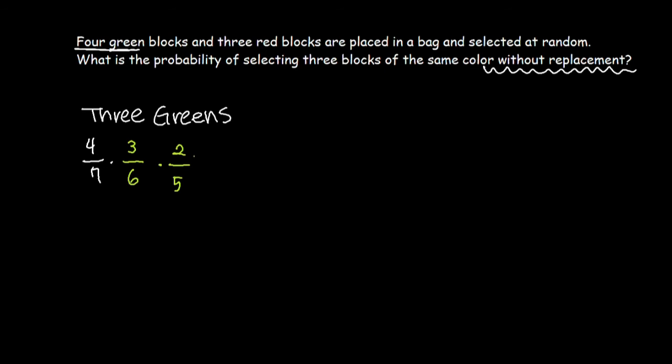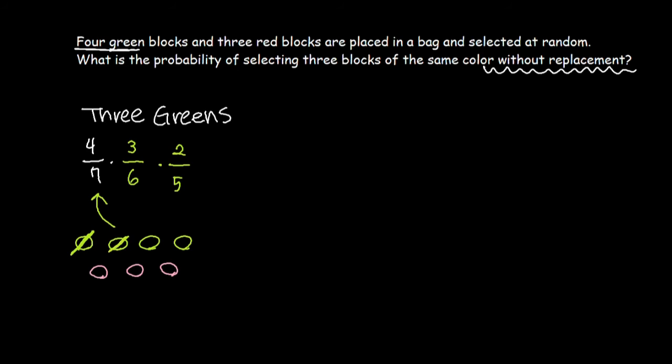And if you don't really understand this process, let me try to simplify it. Let's say there are 4 green blocks, which I'll indicate by the circle, and let's say you have 3 red blocks. When you pull out this first green block, you're going to be left with 6 blocks in total and 3 green blocks. This is talking about this case.